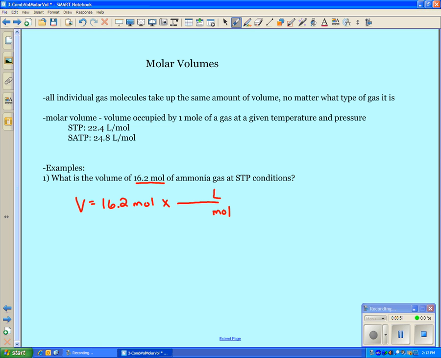Moles will go on the bottom so that they cancel out. So now the liters and moles in our ratio is related to the molar volume that you see above. So for STP conditions, 22.4 liters for 1 mole. So now if you multiply, you get 363 liters as your answer.